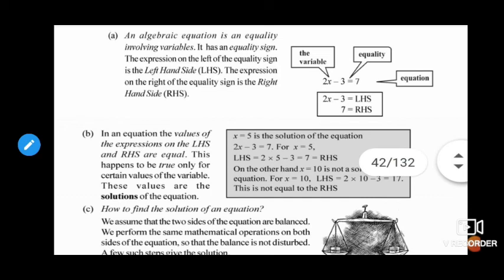Only one value of that unknown variable, x or whatever it may be, will satisfy that. Both LHS and RHS will become equal, and we will solve for the value of the variable by balancing the equation on both sides.